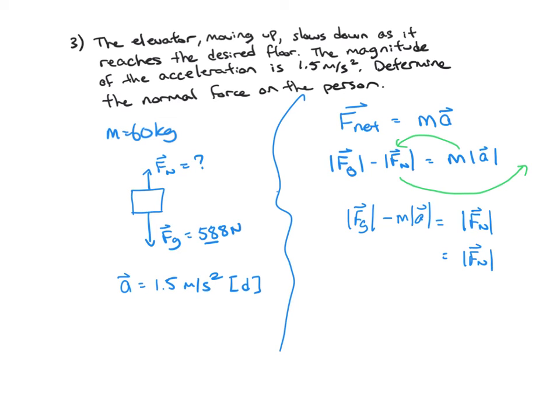The force of gravity is 588 to 2 sig figs minus the mass times acceleration. So 60 is the mass, 1.5 is the acceleration. So I've got to figure that out. I think that would be 498.